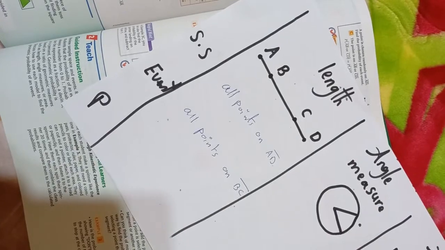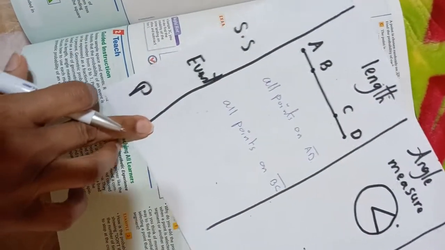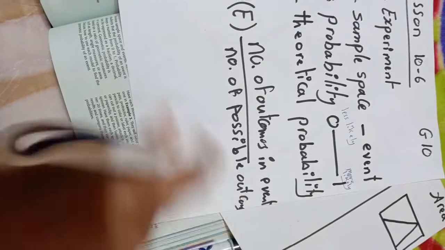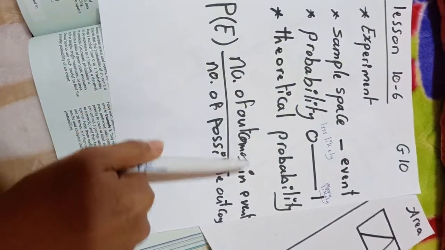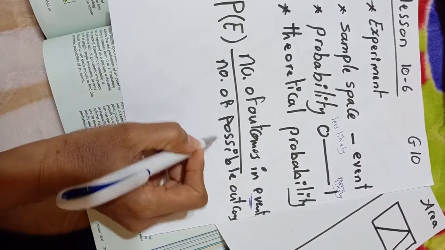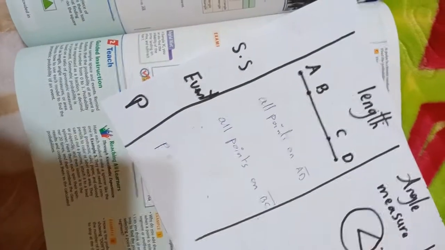All points on BC. So now, what is the probability? We said the probability is the number of outcomes in the event over the number of all possible outcomes. Let's go back to our example.